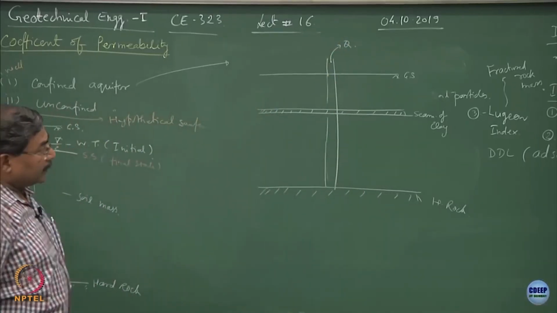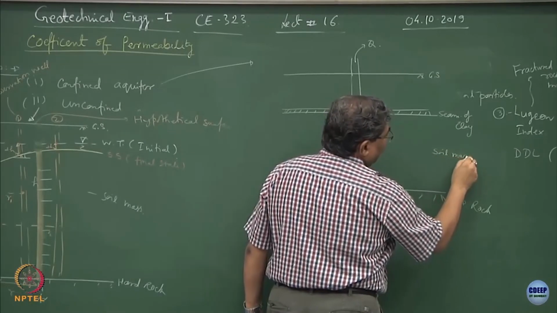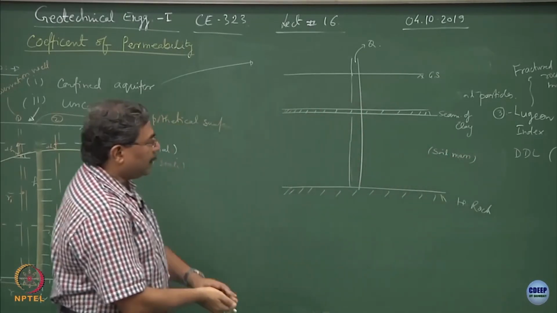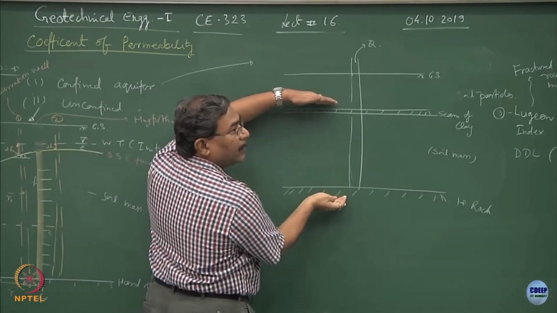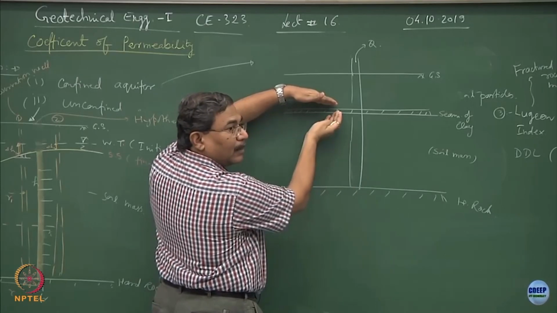I hope now you realize that this is what is going to be the soil mass, and what has happened? The soil mass is now constrained between the 2 impermeable boundaries 1 and 2, clear.